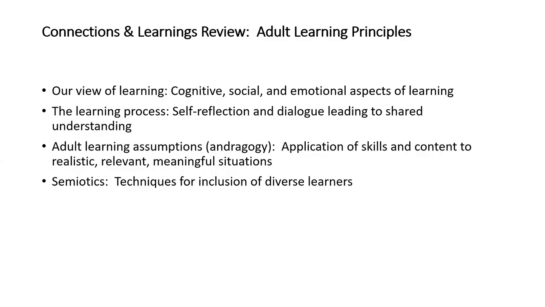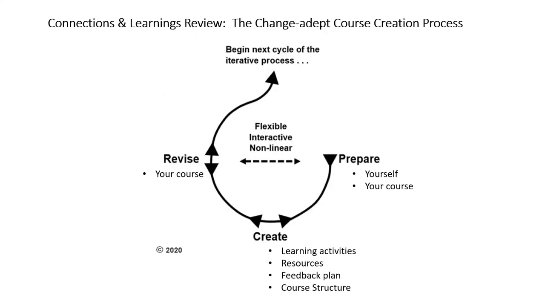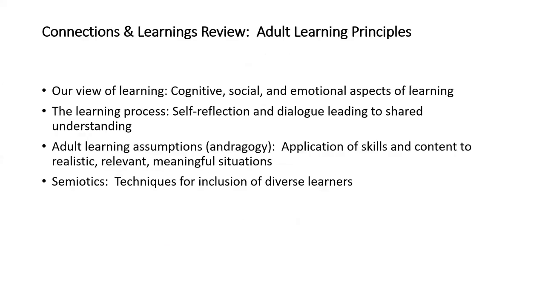Adult learning assumptions, or andragogy, outline ways to engage adult learners in experiential application of skills to content that is realistic, relevant, and meaningful in certain situations. The adult learning principles also include careful attention to semiotics to foster the inclusion of diverse learners.